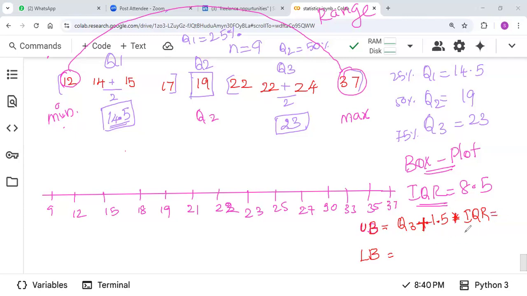So what is the value range? The variation, the deviation are going to be the accepted range. So Q3 means 23 plus 1.5 into 8.5. What is the answer you're getting?